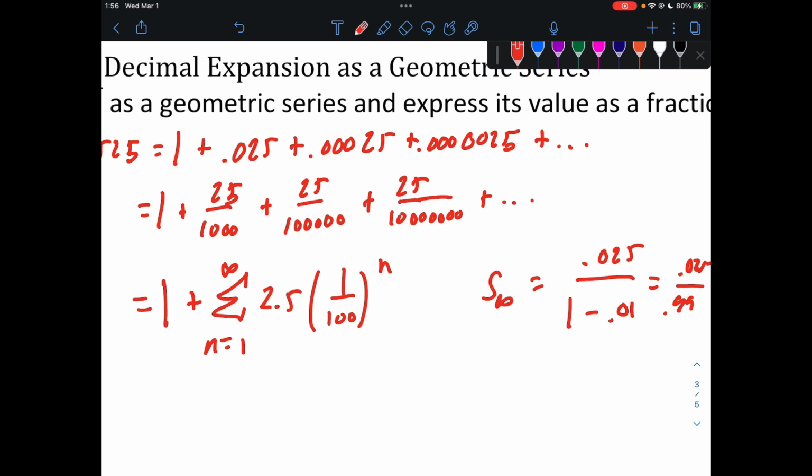And convert to a fraction. Don't forget to add the 1 out in front here. So my final answer would be 203 over 198. Or you can put it in decimal form as well. It's fine.